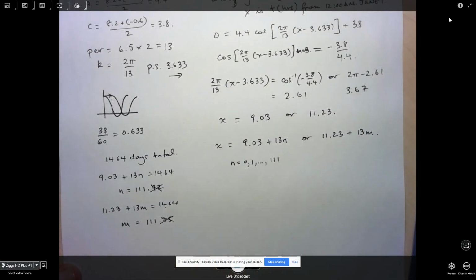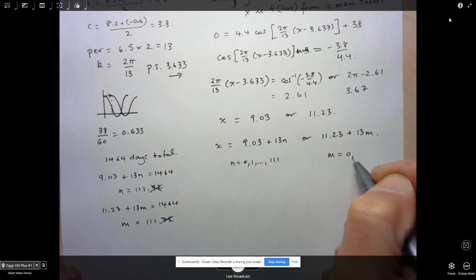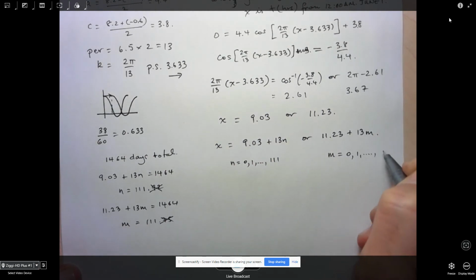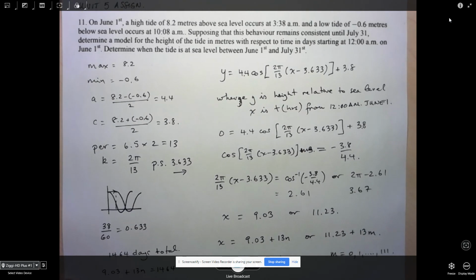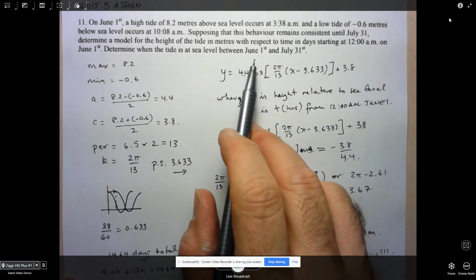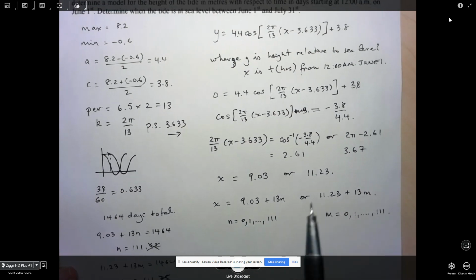So again, not interested in that component. So here m can also be equal to 0, 1, and so on, all the way to 111. Now, since they didn't specify that I had to give dates, if it's not specified, I get to choose how I give my answer. So my answer is given as hours from 12 a.m. on June 1st.